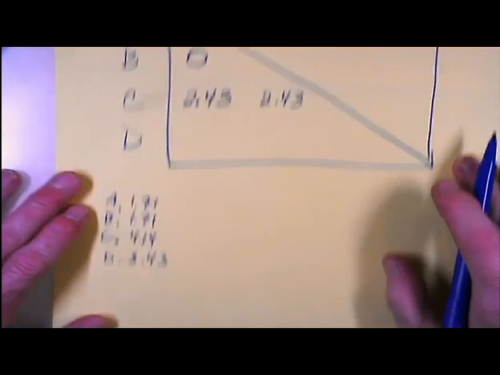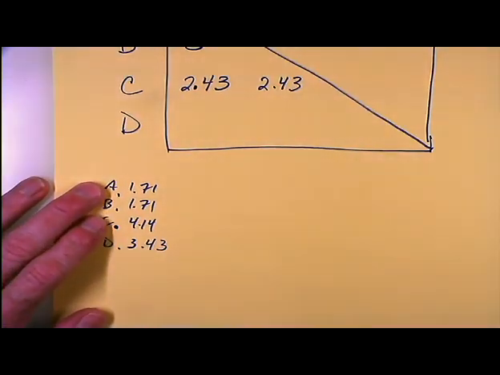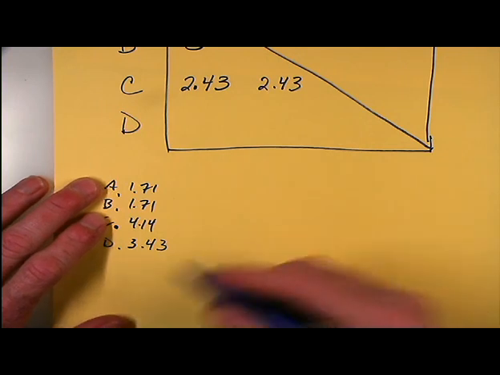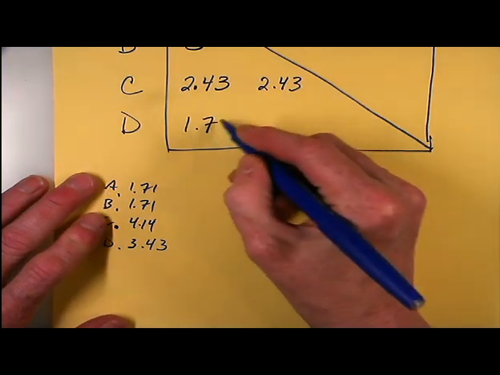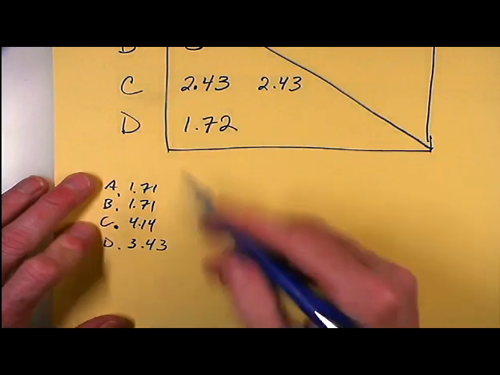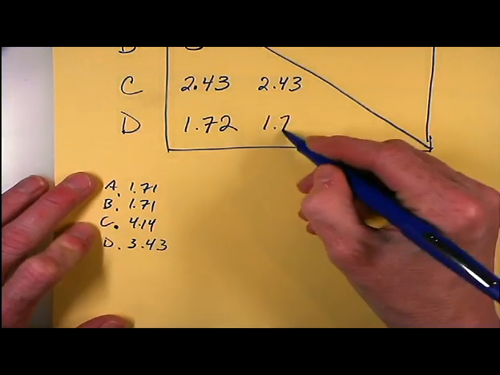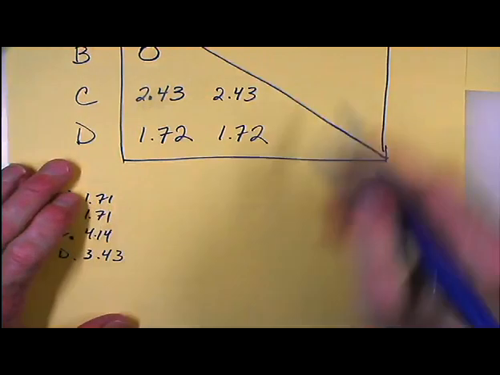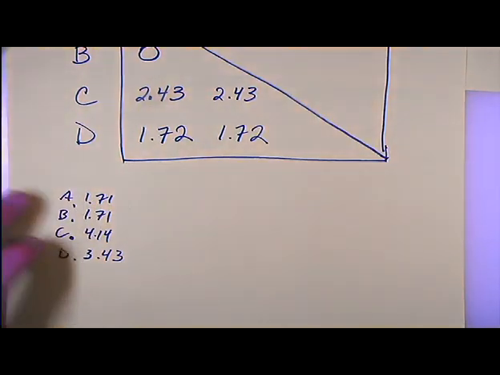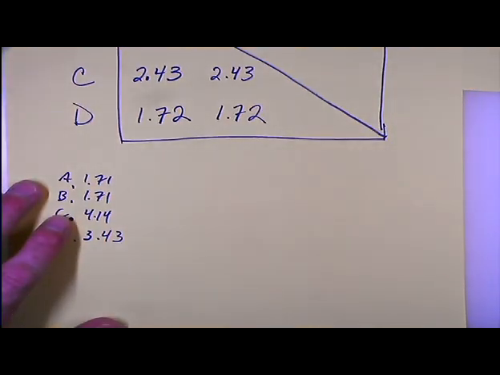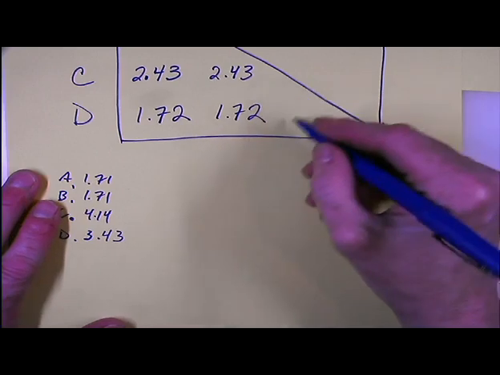What about A and D? So 3.43 minus 1.71 equals 1.72. And that'll be the same as B and D. And now let's see the difference between C and D. 4.14 minus 3.43 equals 0.71.